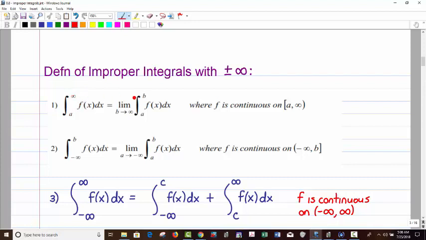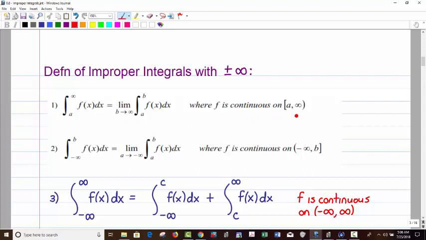But if you replace infinity with some letter, the choice of letter here doesn't have to be b. Just don't use x, obviously. You could use c or something else, it's not wrong. But we're going to see c being used in the other types of problems shortly. So this is written as the limit as b goes to infinity. You can't really plug in infinity, but you can use the concept of limits to express approaching infinity.